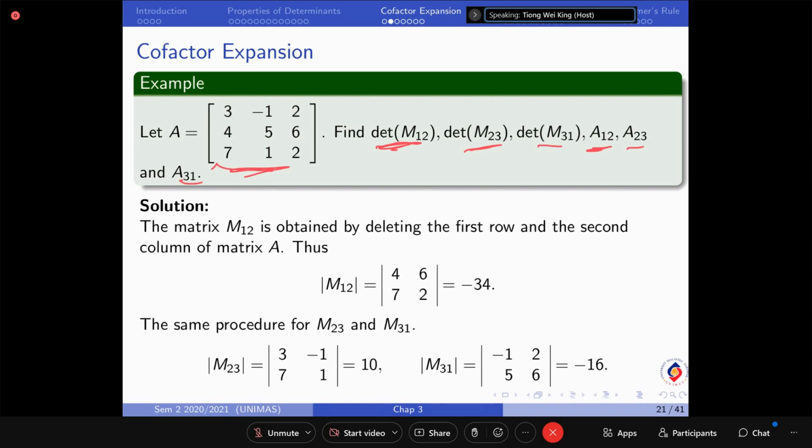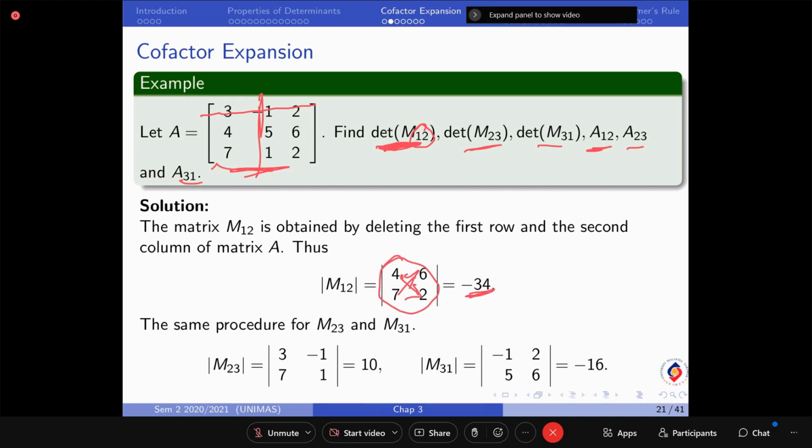Now, determinant M12 here is obtained by deleting row 1 and then column 2. You look at the subscript. 1, 2 means delete row 1, delete column 2. Then you have this matrix. Okay. So then you find the determinant is just this multiply and then minus with this. So you get negative 34.